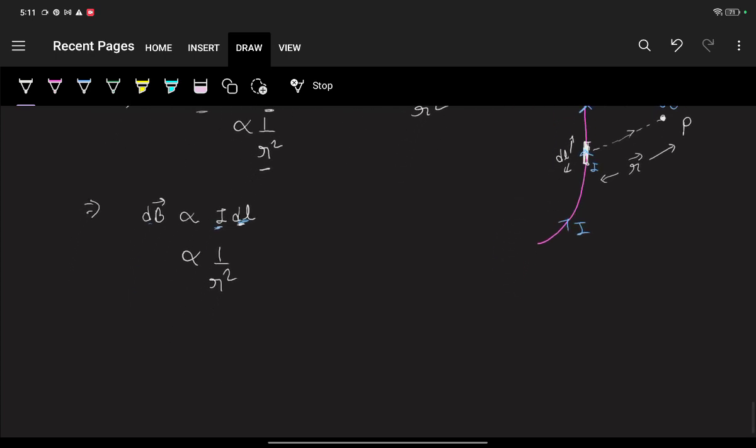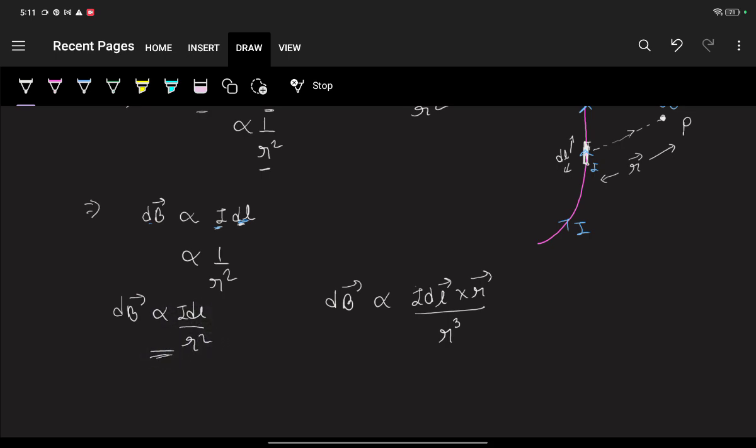If we want to write this magnetic field in vector form, we can write it as Idl cross r upon r cube. This expression is Idl upon r square, we'll get back to this.